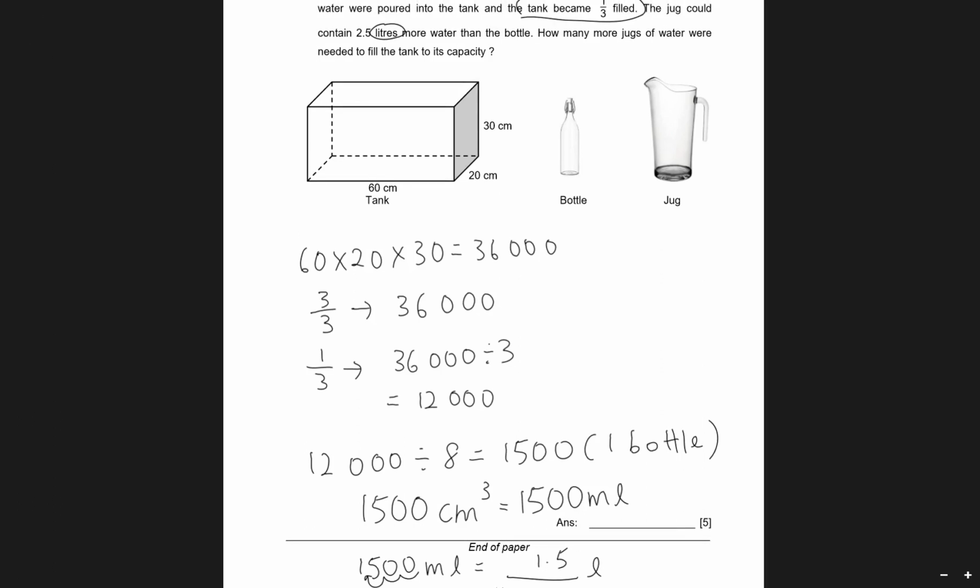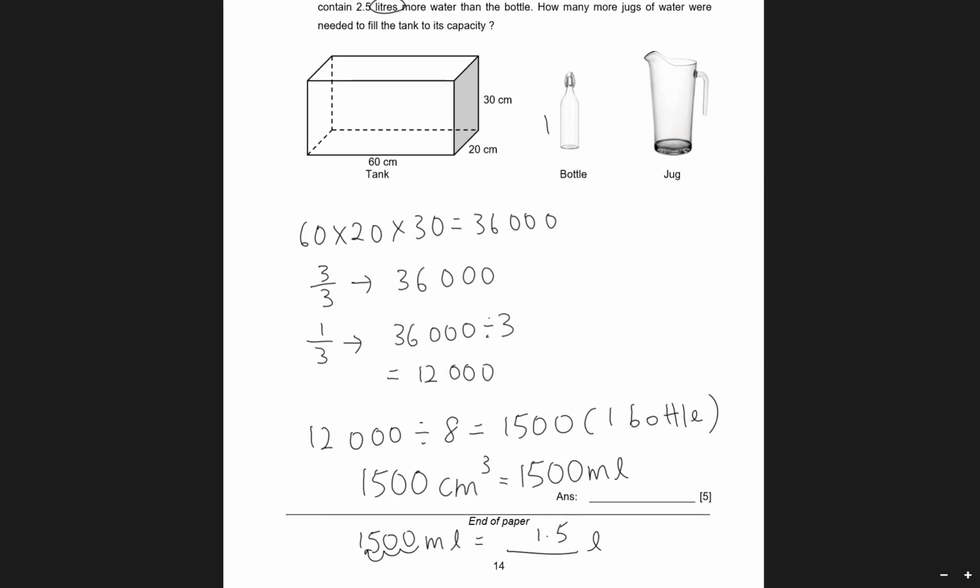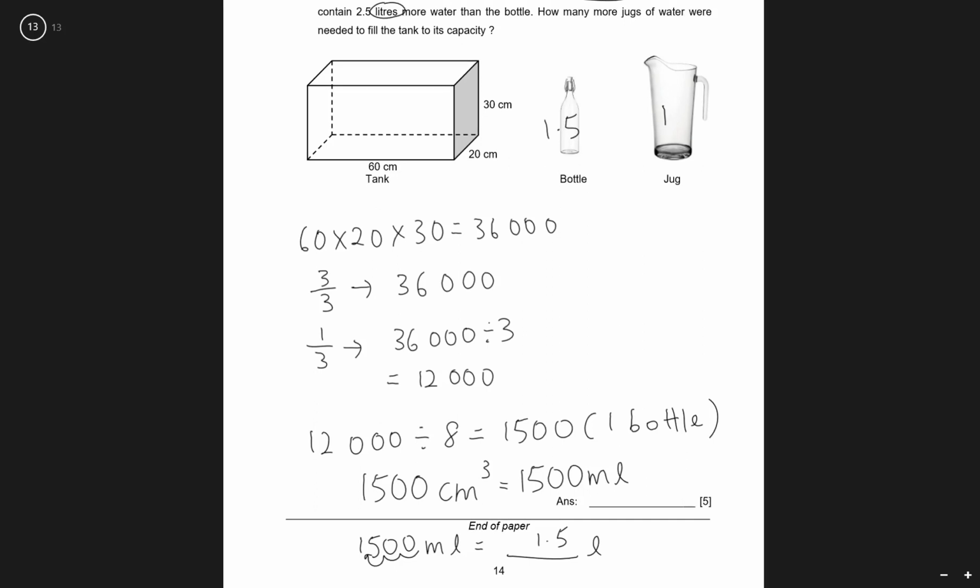So they say that the jug is going to hold 2.5 more than the bottle. So if this is 1.5, this will be 1.5 plus 2.5 gives you 4. Okay, now how many more jugs of water needed to fill the tank to the full? Now how much more water do you need? You started off with the tank that's 36,000.